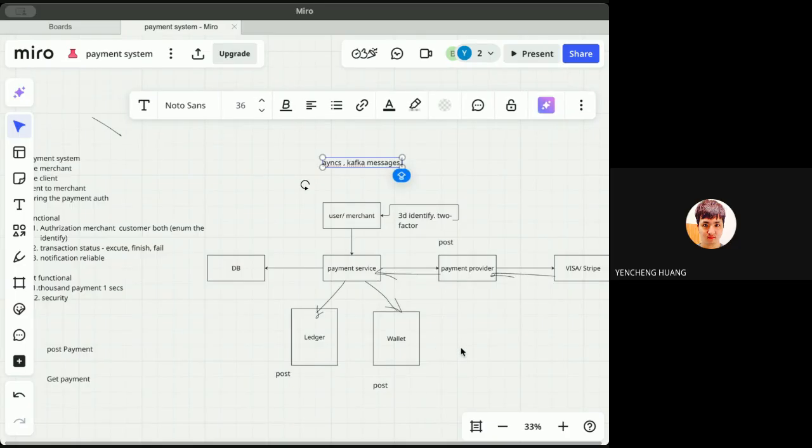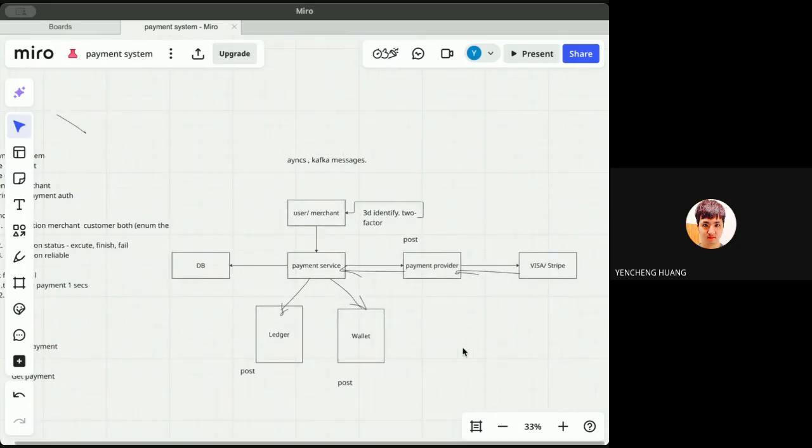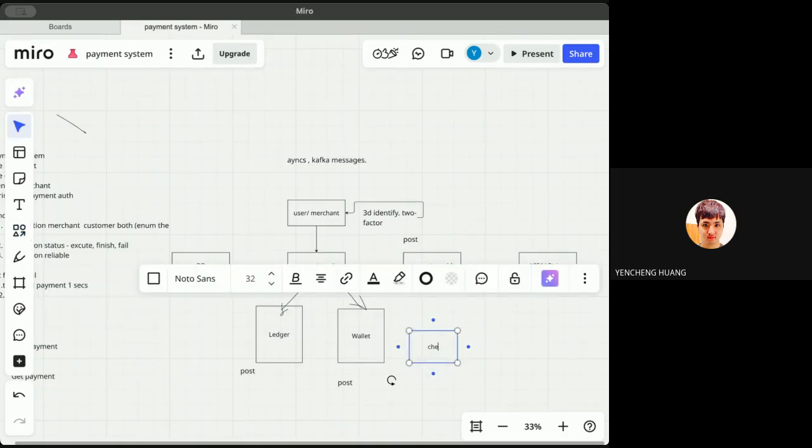And the second step is I need to verify my wallet and the third parties' payment are the same. So I think there's an additional checklist for merchants for the transactions.